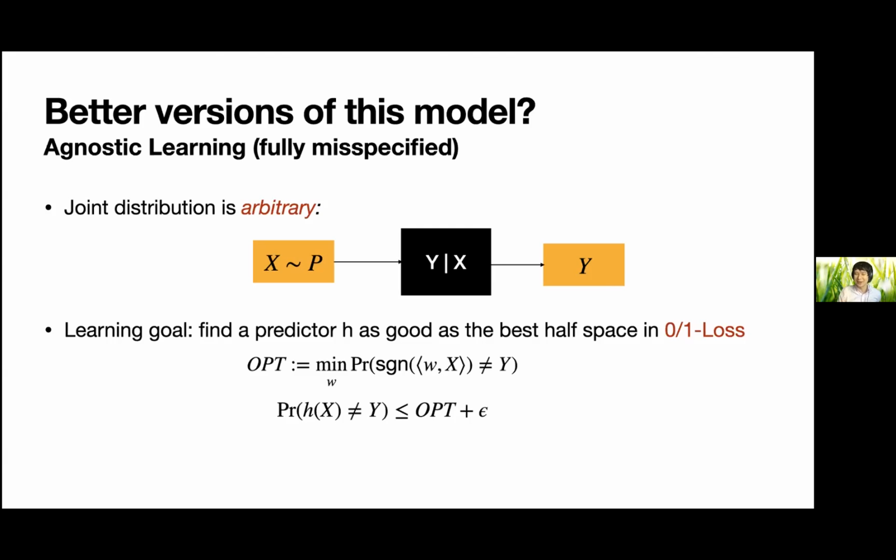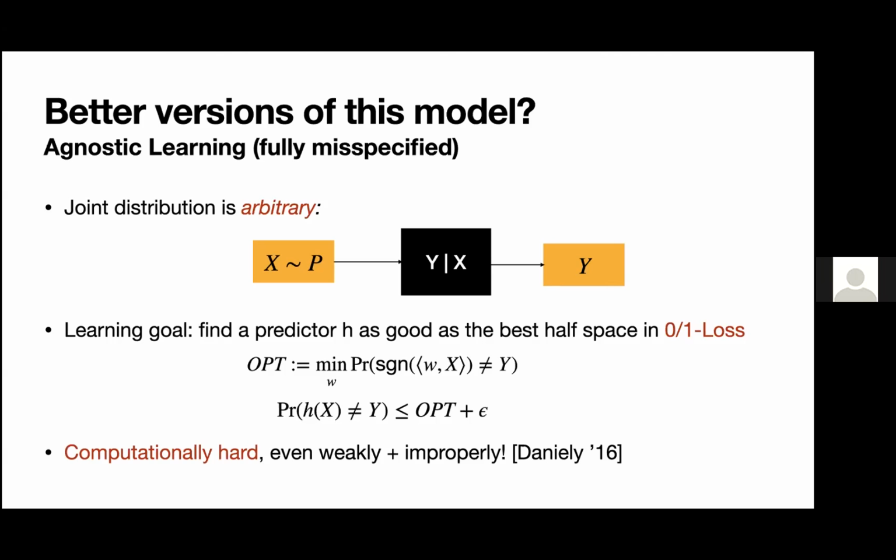So in the realizable case, opt would be 0. And as the noise level increases, opt increases. And our goal, as a learner, is to try to find a classifier which does almost as well as opt. And that's what the second inequality says. We'd like the 0-1 loss to be upper bounded by opt plus maybe a little epsilon.